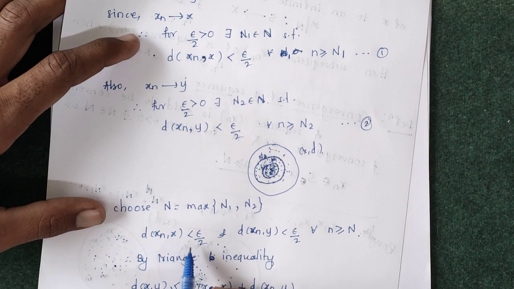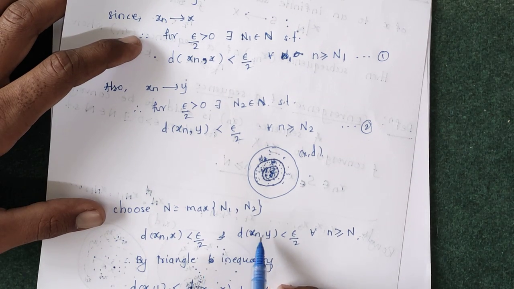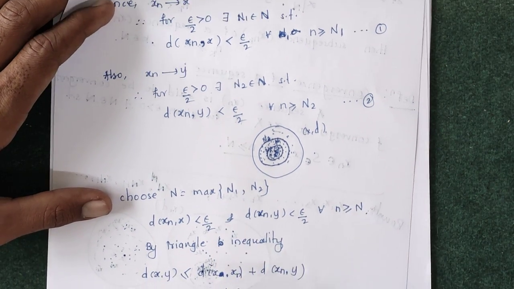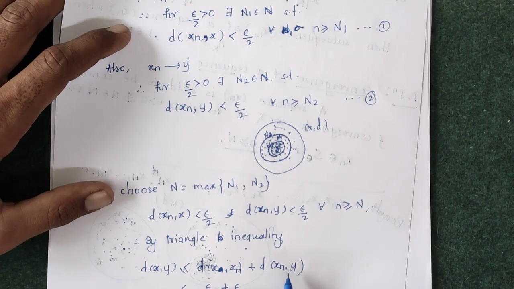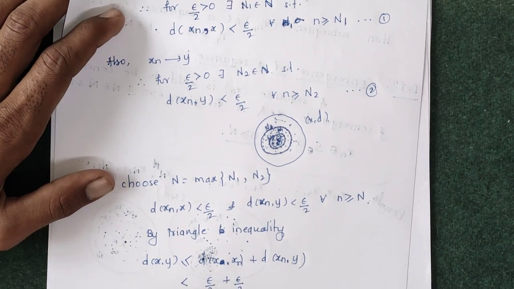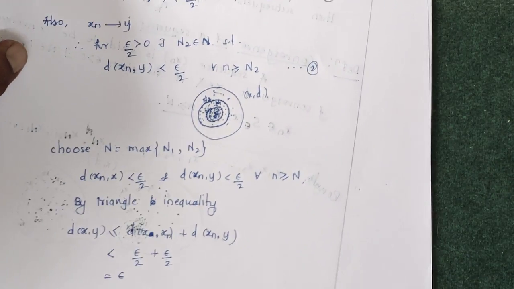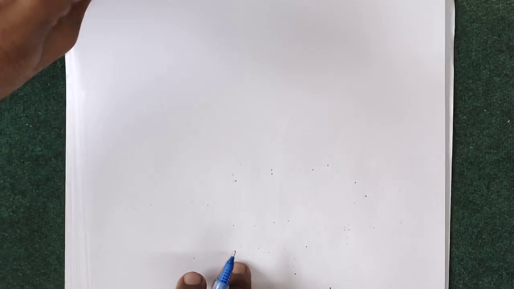So the distance between x and xn is less than epsilon by 2, and again the distance between xn and y is less than epsilon by 2. So using these two equations 1 and 2, we can write the distance between x and y is less than epsilon by 2 plus epsilon by 2, which implies the distance between x and y is strictly less than epsilon.